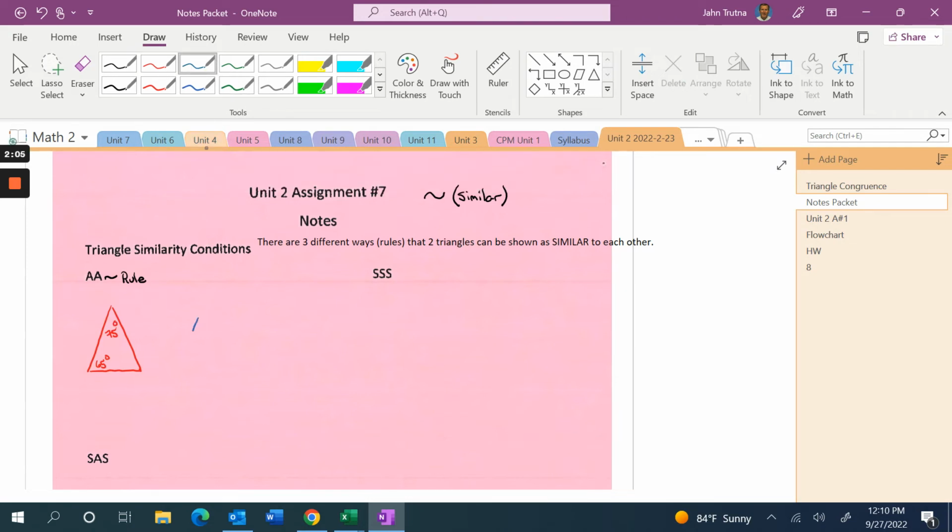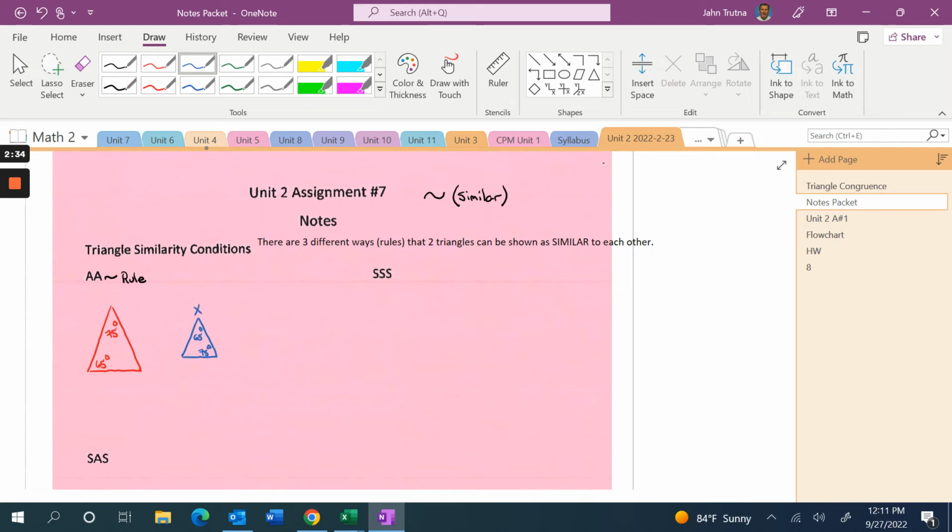Then we have a blue triangle, which is obviously a scaled down version of the red triangle. So in other words, it's a reduction. In the blue triangle, the top angle is 65 degrees, and the bottom right angle is 75 degrees.